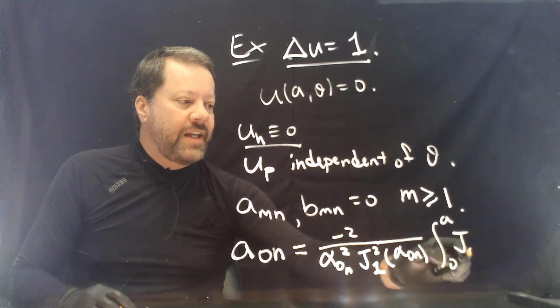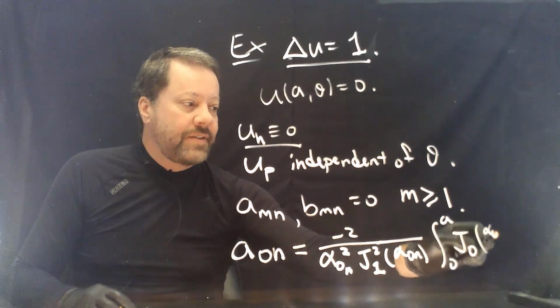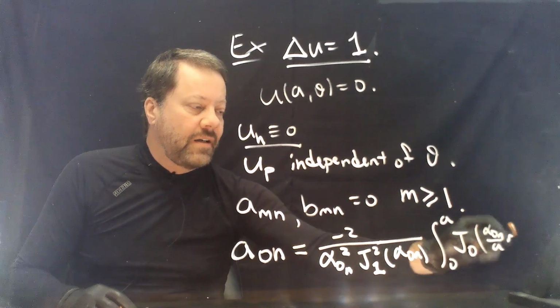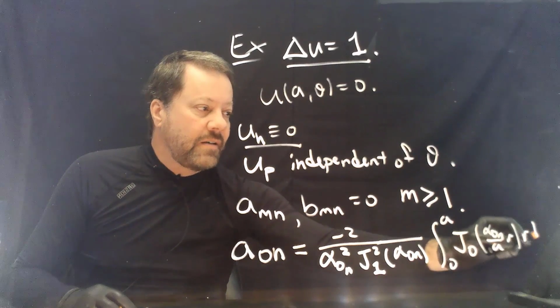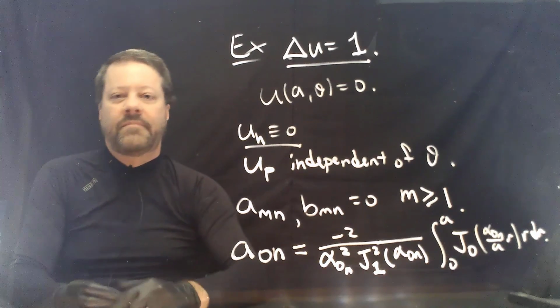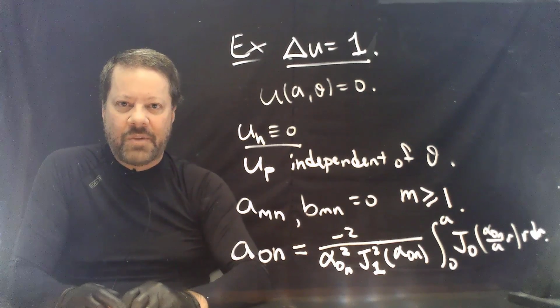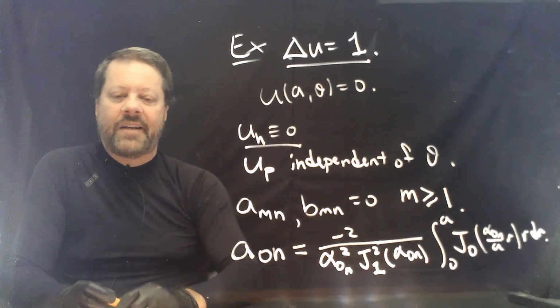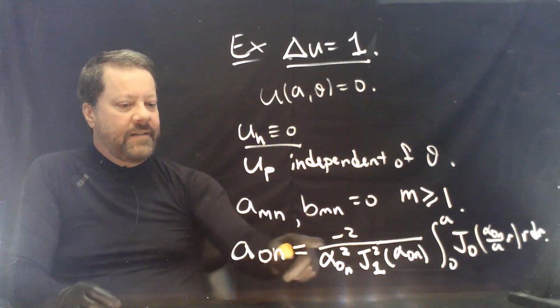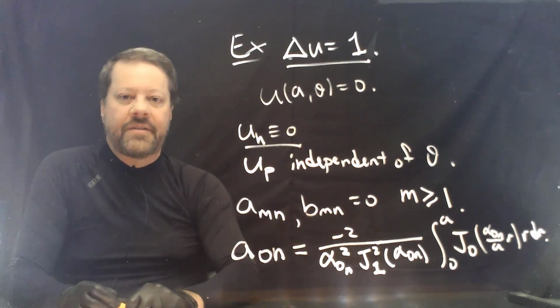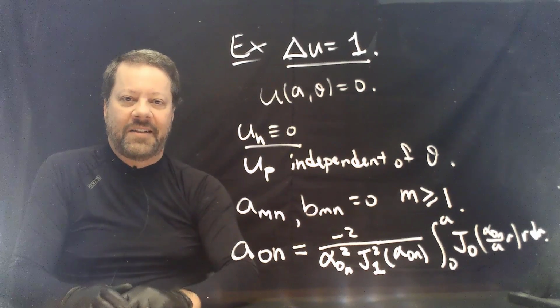So we'll have J_0 of alpha_0n over a r times r dr. And this will then give us a complete solution to the problem. We'll have a sum as n goes from 1 to infinity. These will be these coefficients, and the rest is pretty easy to see.